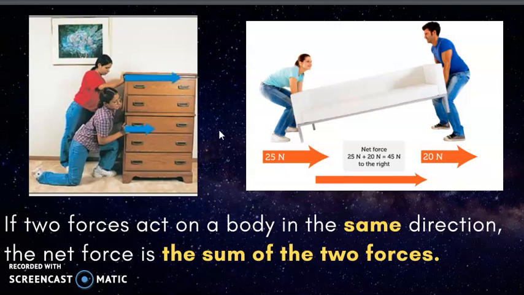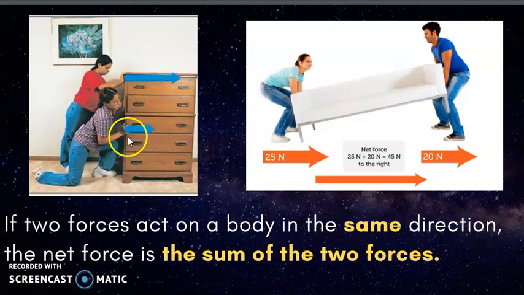So what can you say? When two forces act on a body in the same direction, the net force or the total force will be the sum of these two forces. So due to the total of these two forces, the wardrobe will move to the other end, right?